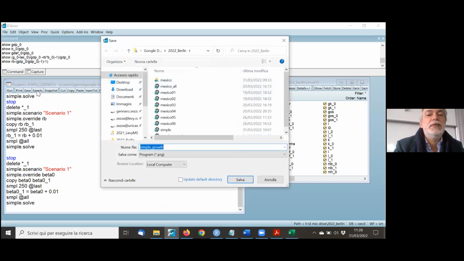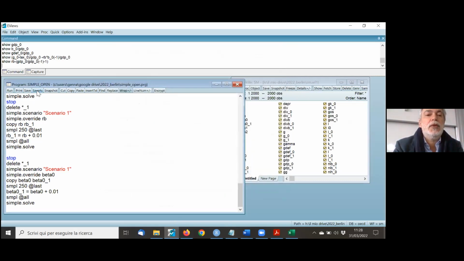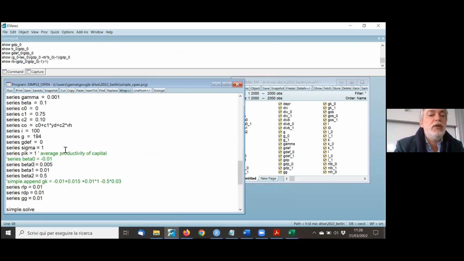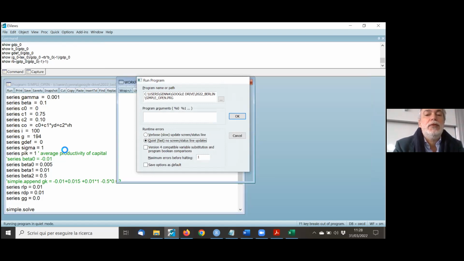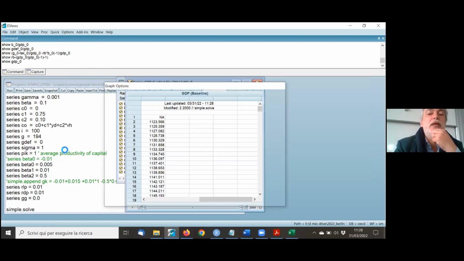So let's now call it simple open. I would suggest that we revert to a steady state model, and if I simply put this to 0, this should again be a steady state model.